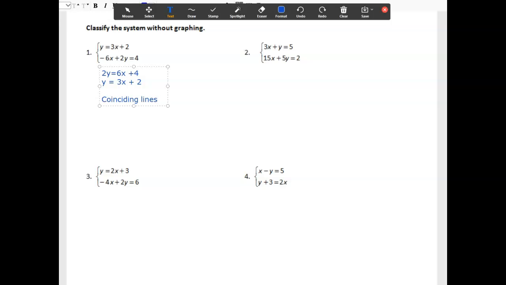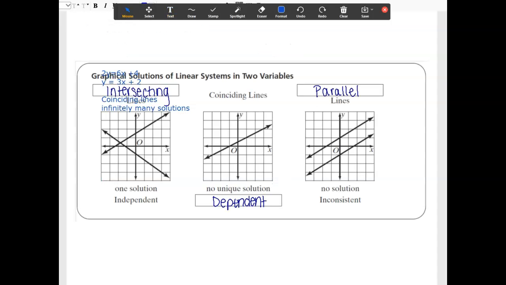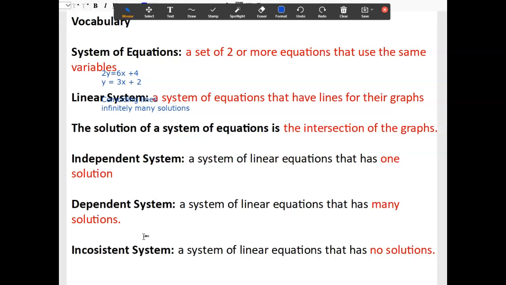And that is our classification. So you want to know if they are coinciding. And then our other classification goes with infinitely many solutions, and then the last classification comes from, are they independent, dependent, or inconsistent? So again, if you go back to our chart on the previous slide, we can see that coinciding lines are dependent, because if you go back to our vocabulary, dependent systems have many solutions.